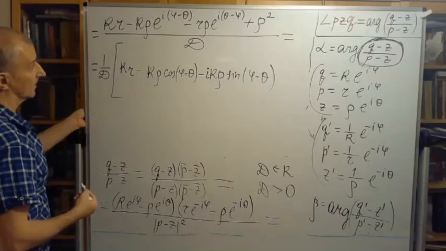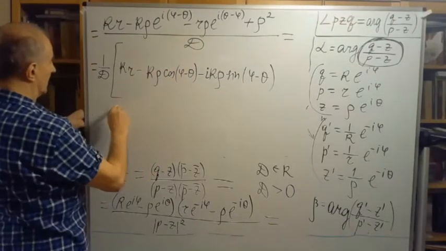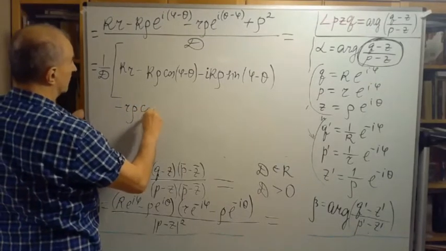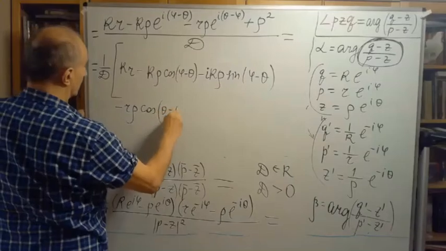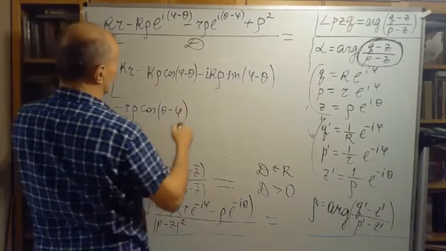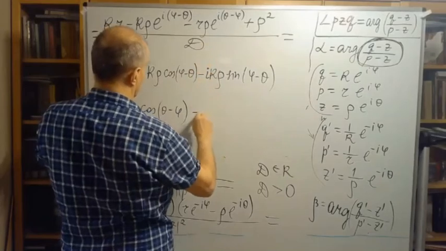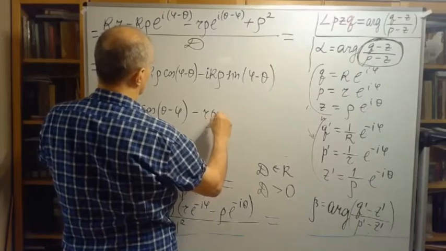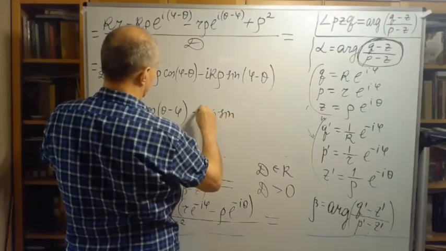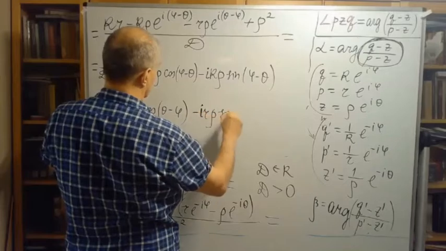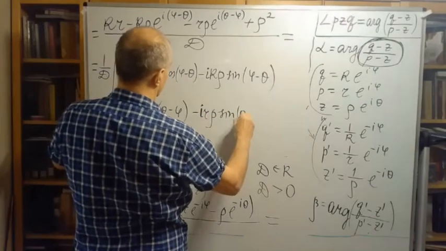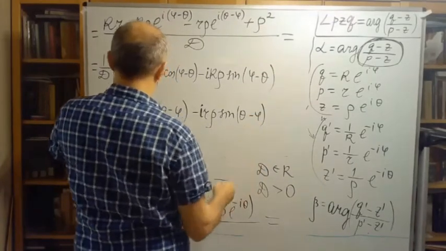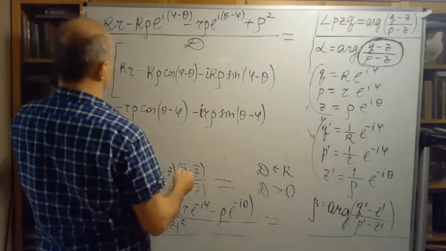Right? Now I will write this term: minus r rho cosine of (theta minus phi), and minus i r rho sine of (theta minus phi), where there is i before the sine part. I think we can close the bracket with this.